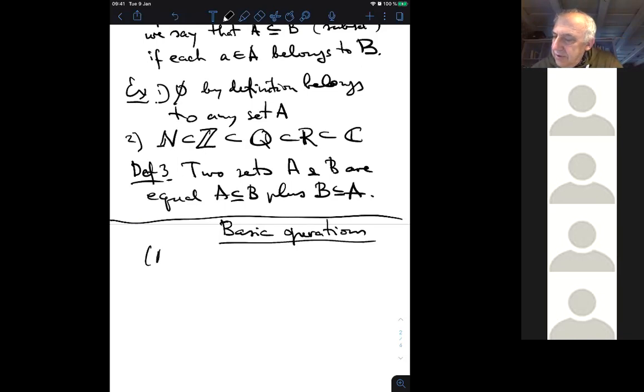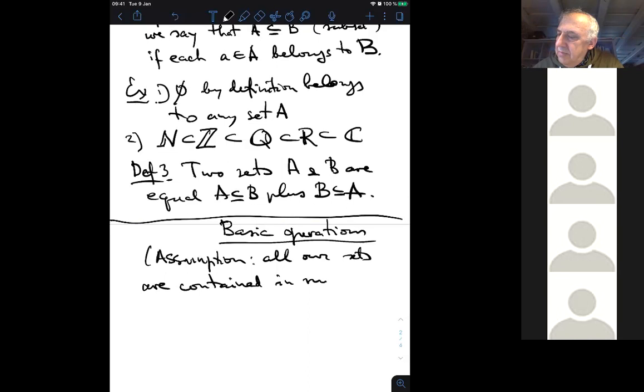So, assumption for the definitions: all our sets are contained in some universal set, say U. I think that's also used in the book.